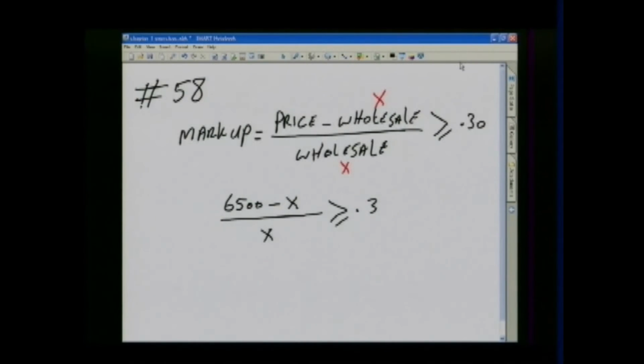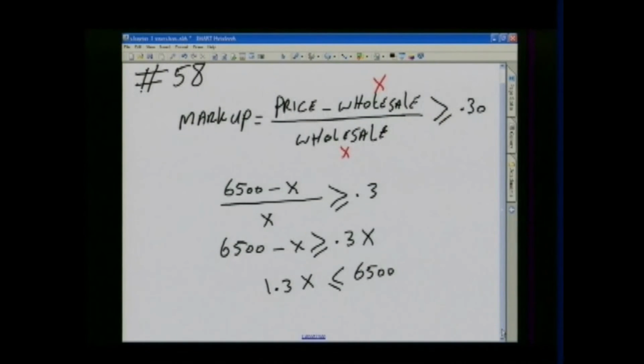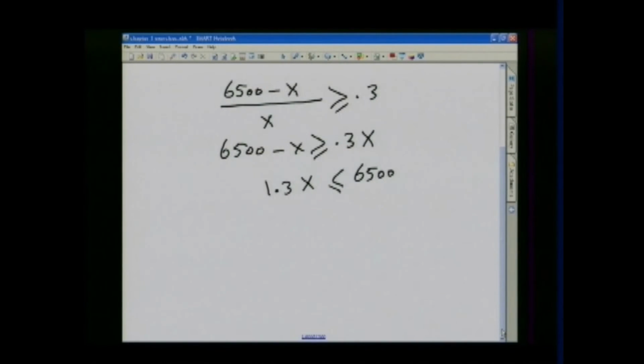You multiply both sides by X, that means 6,500 minus X is greater than or equal to 0.3X. If you take all the X's to one side, you get 1.3X less than or equal to 6,500. Divide both sides by 1.3.